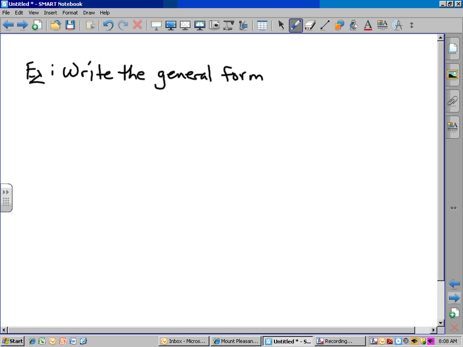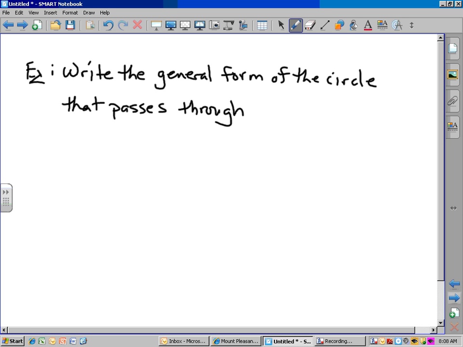Write the general form of the circle that passes through (-5, 3), (-2, 2), and (-1, -5).